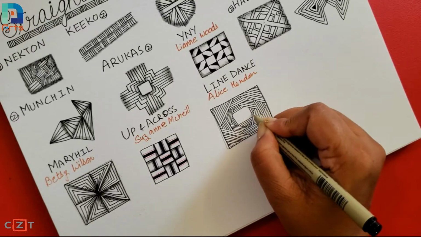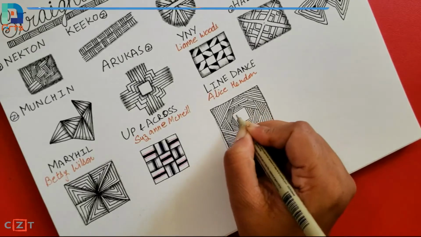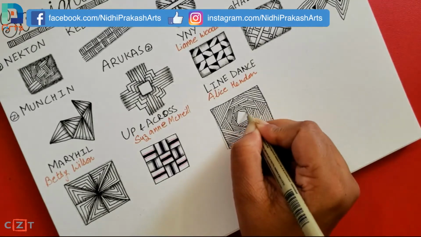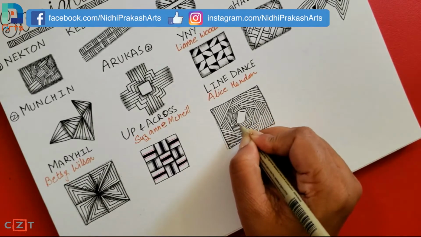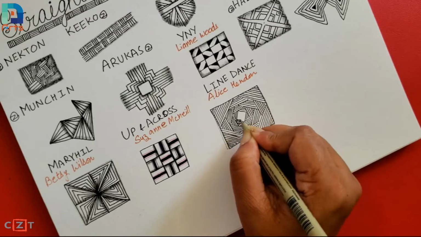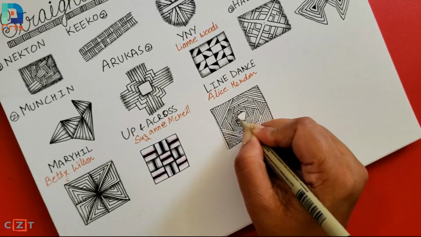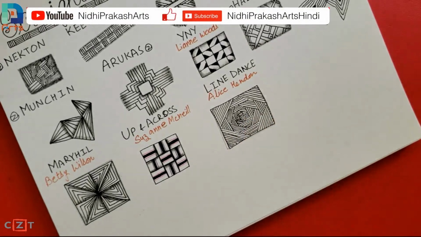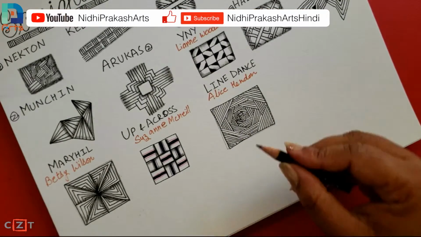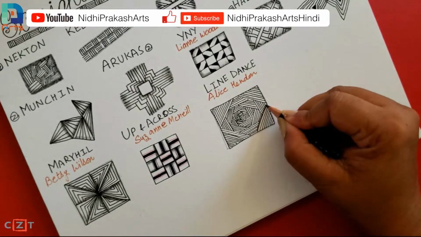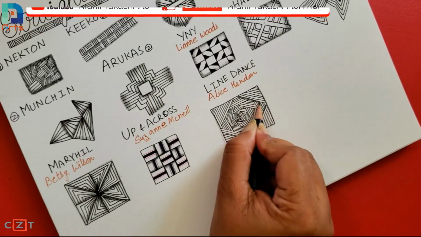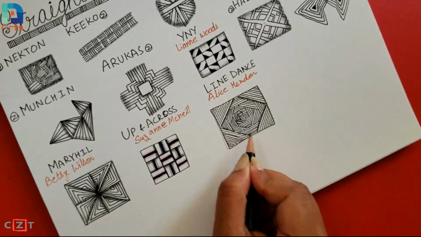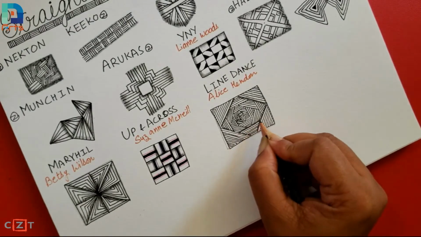It has a beautiful variation with curvy or wavy lines also. And you keep on filling the space like this. You can give shading wherever these lines are changing their direction to create that illusion of depth.